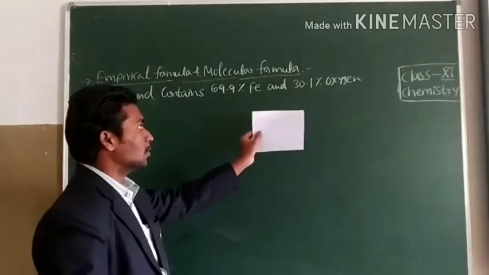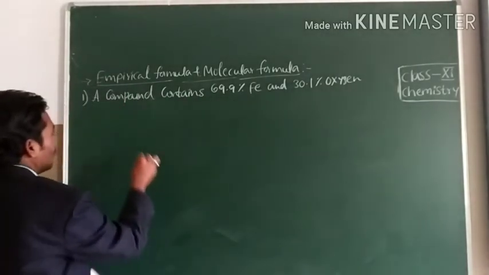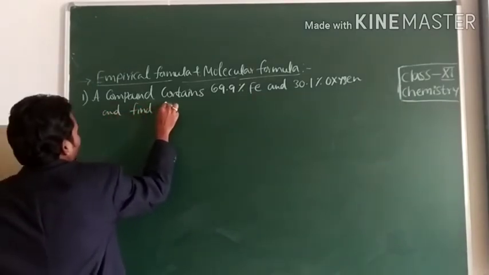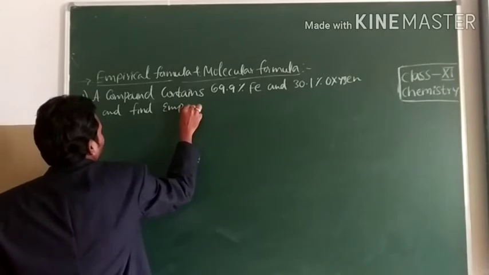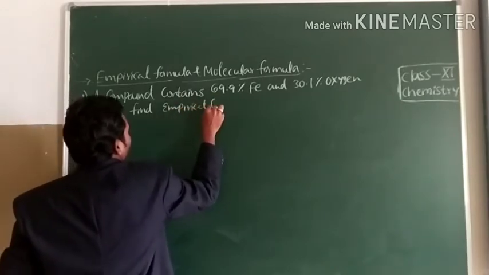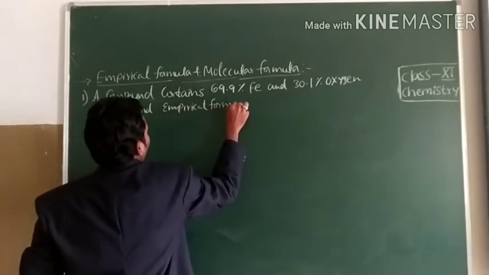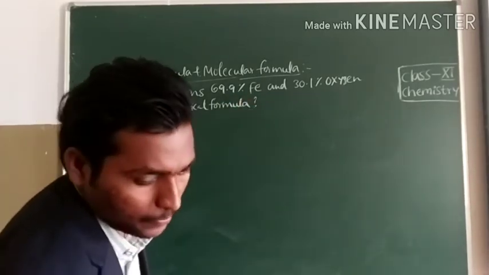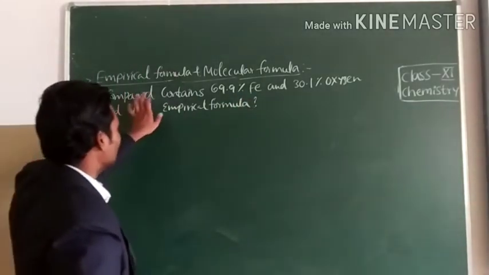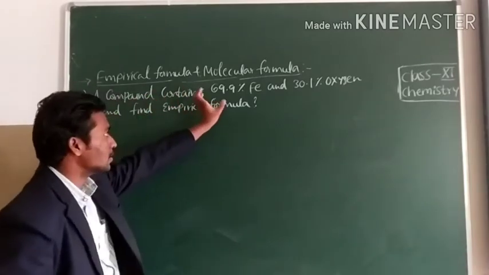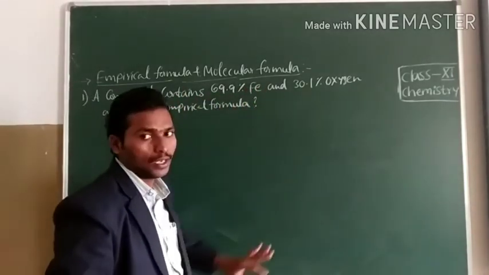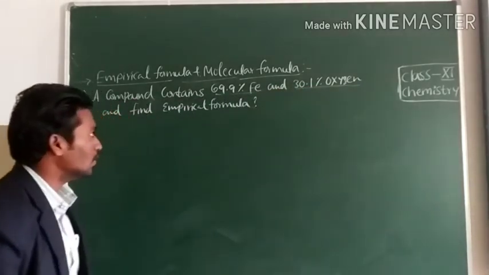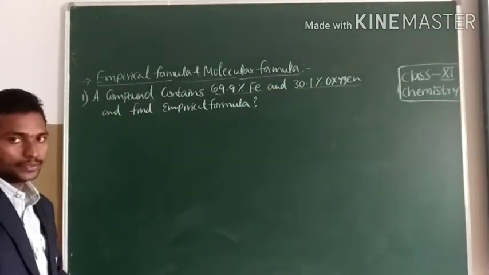Find the empirical formula. This is the given problem, children. Here the compound contains 69.9% iron and 30.1% oxygen. Then how to find the empirical formula?